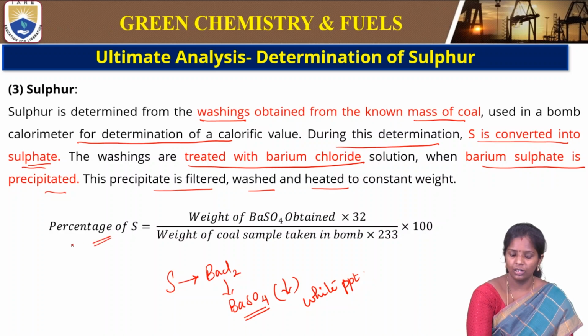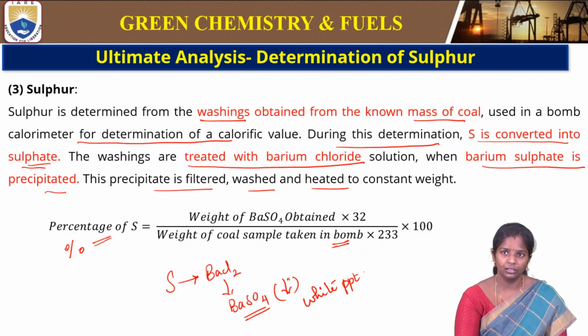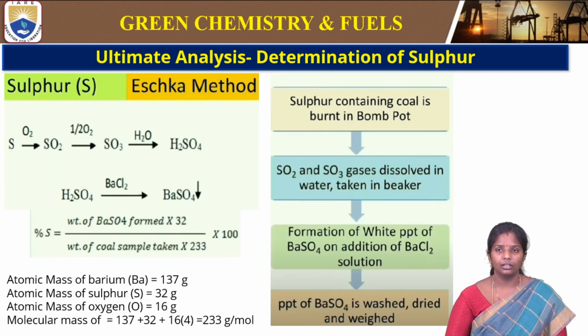The percentage is given by weight of barium sulfate obtained into 32, by weight of coal sample taken in the bomb, into 233, the molecular weight of barium sulfate, into 100. This is how we calculate the percentage of sulfur.